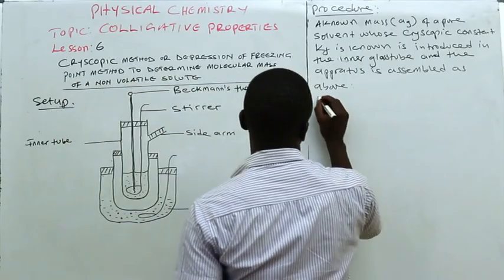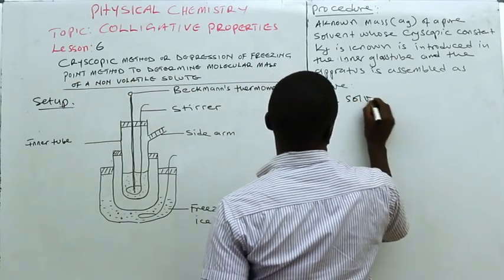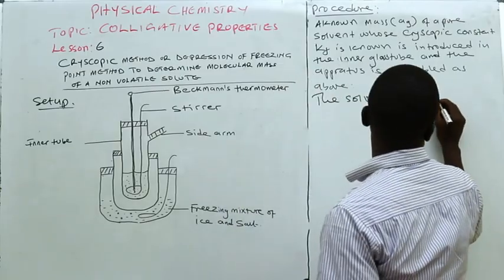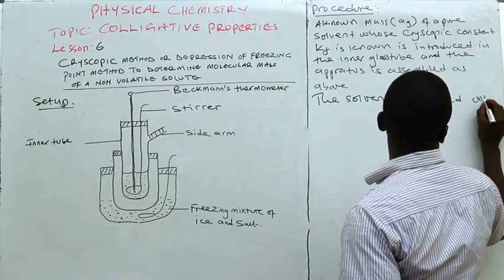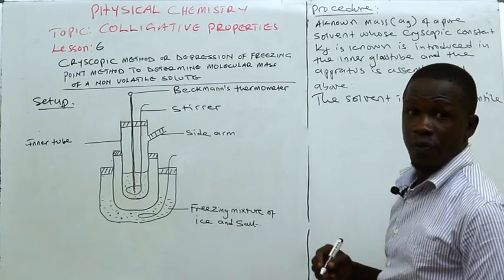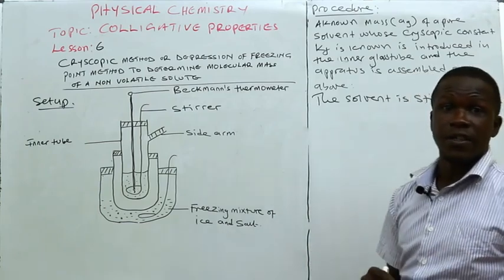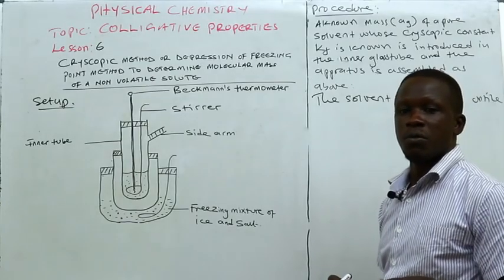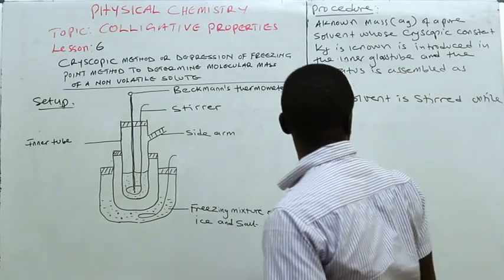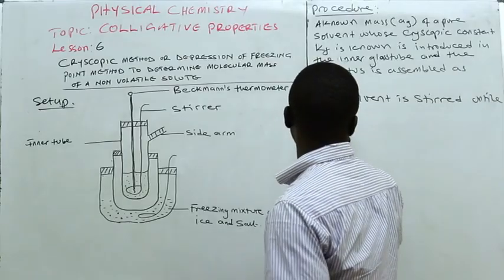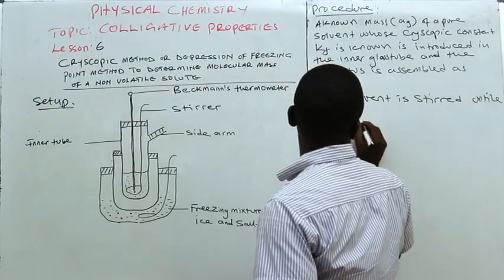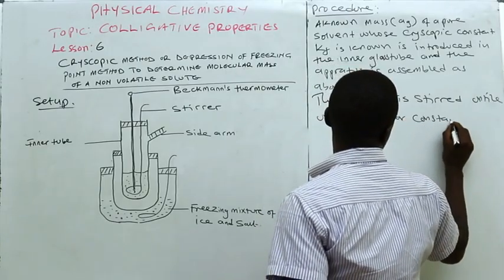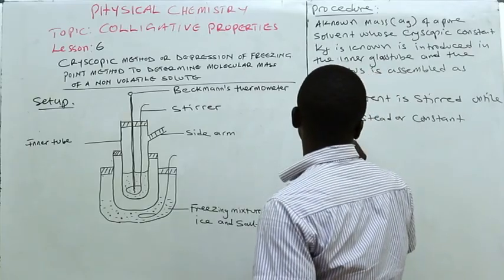So we shall say that the solvent is stirred until we register a steady, or sometimes we call it constant, temperature at which the solvent starts to freeze.